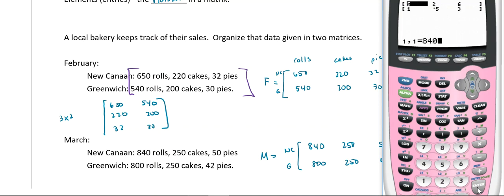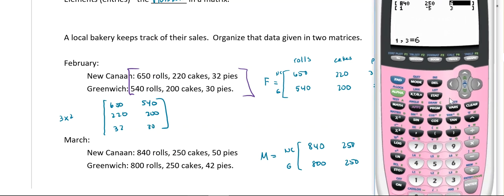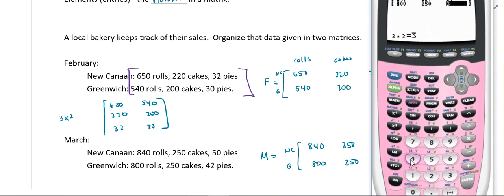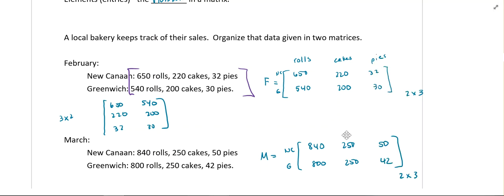March we had 840, 250, 50, 800, 250, 42. All right.